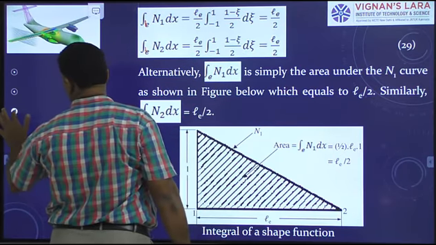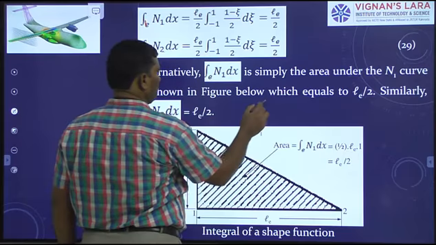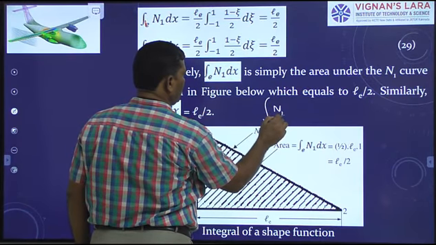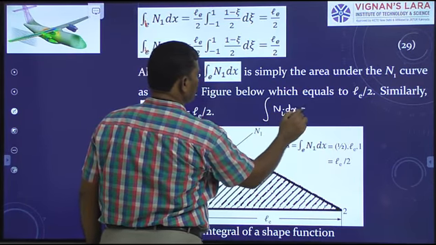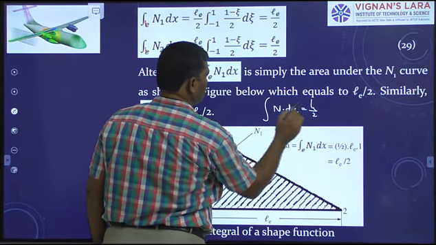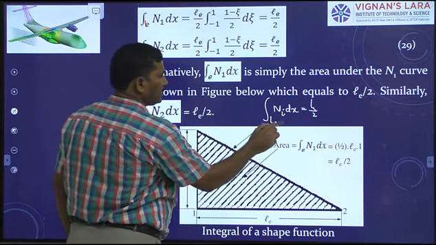Therefore we can understand that integral of Ni dx equals length of the element by 2.